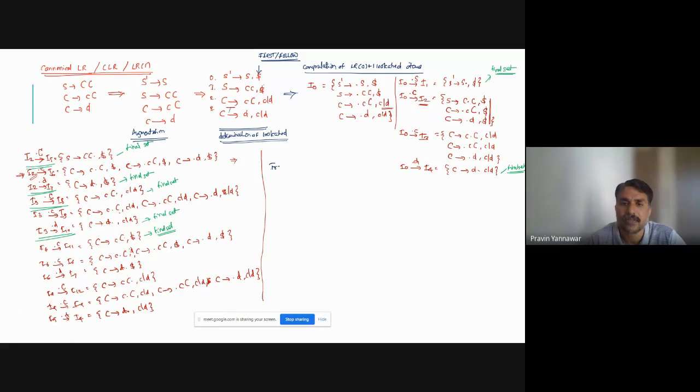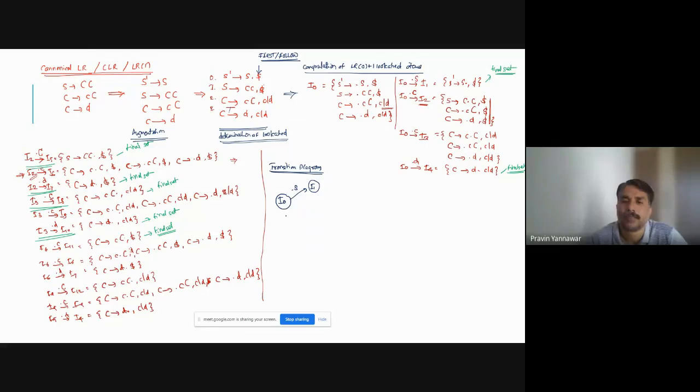So we have a transition diagram here, which will let you know how they are being reduced. Okay. So you write it here: I0 with dot S, capital S, and what is the look ahead? Look ahead is dollar. This is going to be I1.